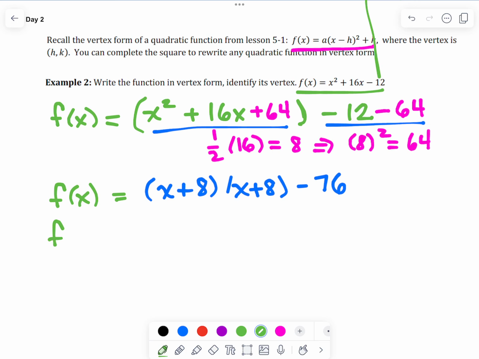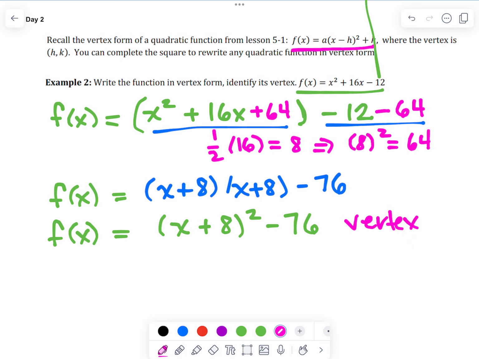Now those two blue binomials can combine to one binomial, all squared. Now what we have is vertex form. So now we have the vertex form of this quadratic, that we can now find the vertex. So the vertex is going to be h, comma, k.